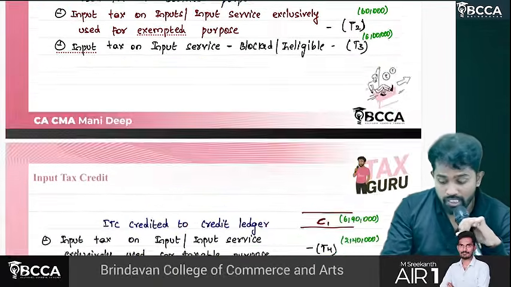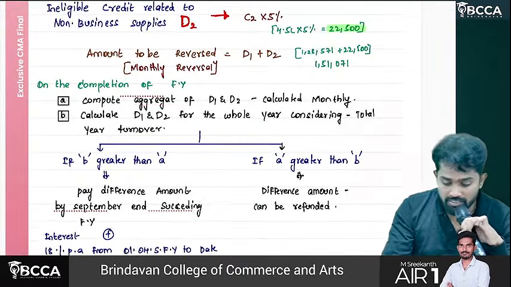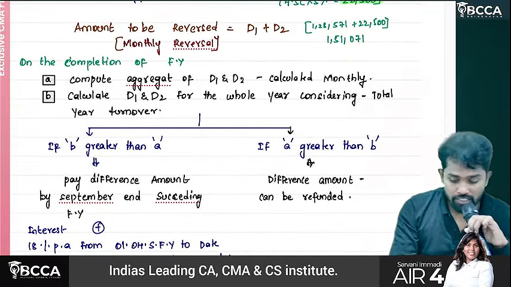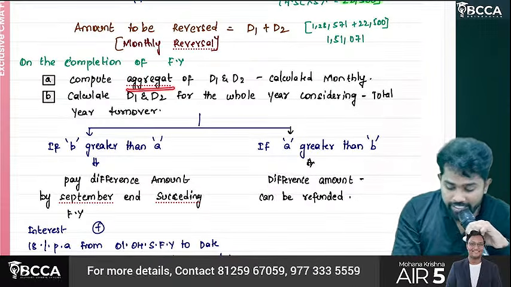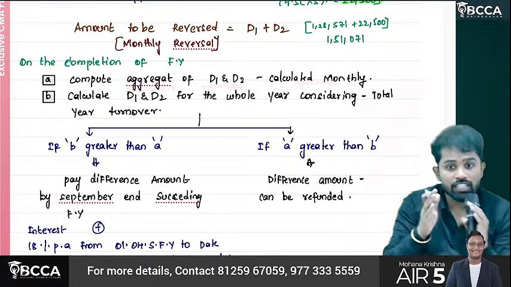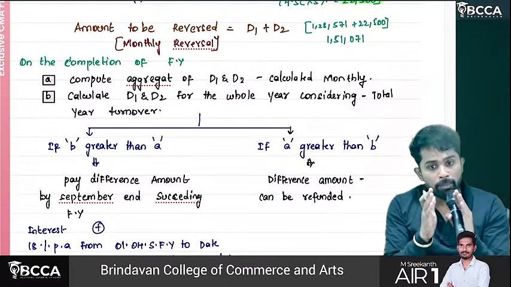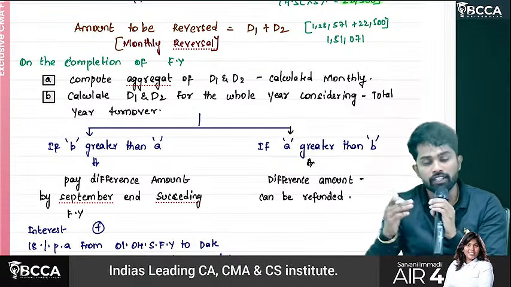Once the year is completed, they are asking us to calculate two things. One is the aggregate of D1s and D2s calculated month on month: April month D1, D2, May month D1 and D2, June month.